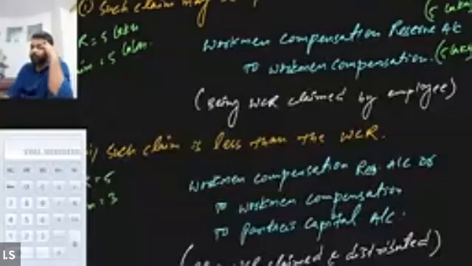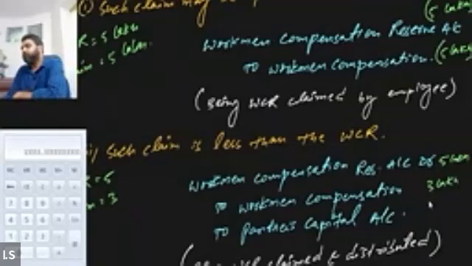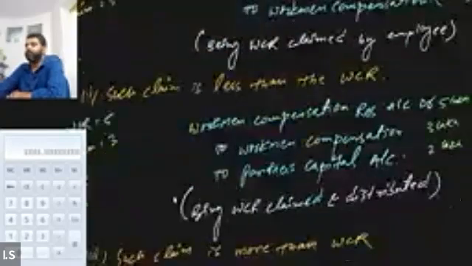So the general entry will be, first of all, we will debit the workman compensation reserve by the entire amount 5 lakh, but the compensation actually claimed is only 3 lakh. So 3 lakh will be credited to the workman compensation account, and the remaining amount of rupees 2 lakh will get divided among the partners in their profit sharing ratio. This is how the general entry will be done.